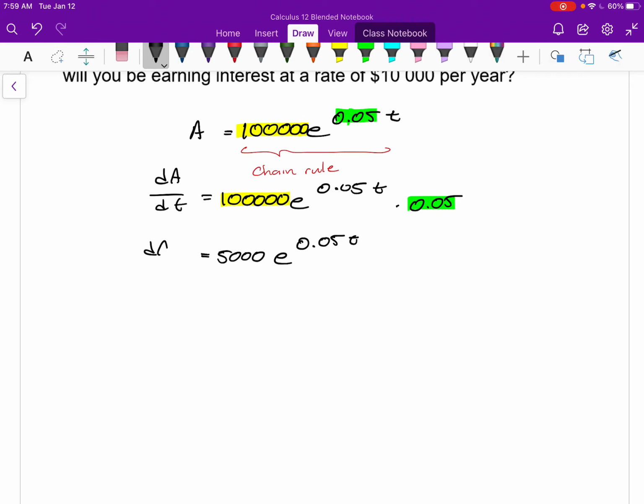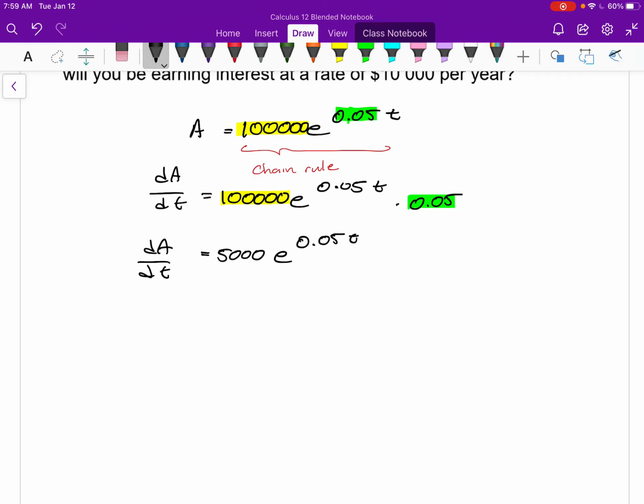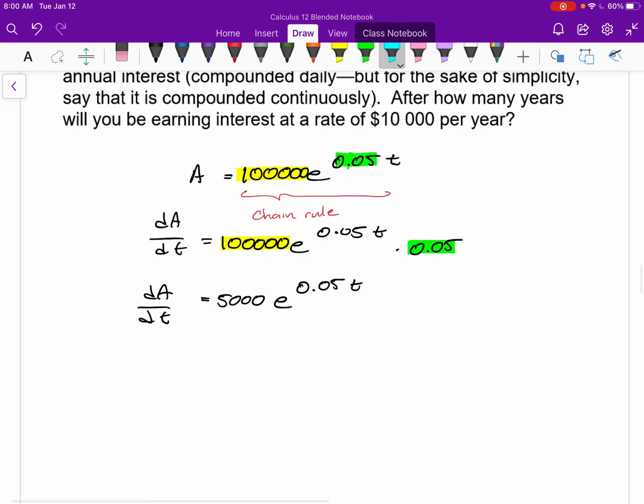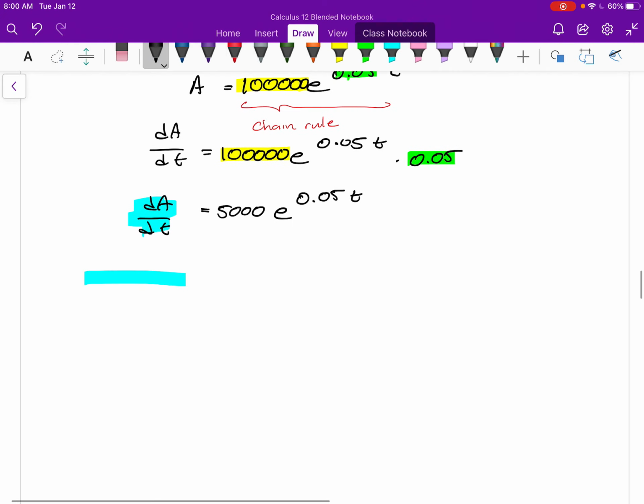And again, this is my derivative at some point in time. All right, so now I'm trying to find how long it takes till this derivative is worth 10,000, till it's growing at $10,000 a year. And so I'll change this to 10,000, and then it's a matter of just solving this exponential equation.